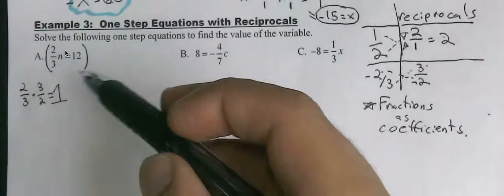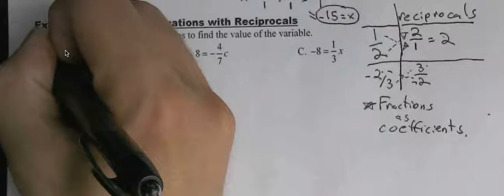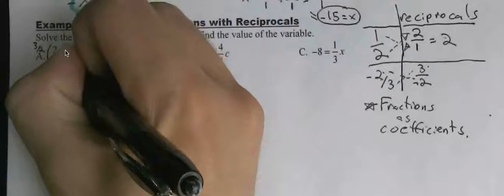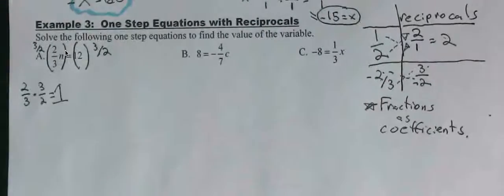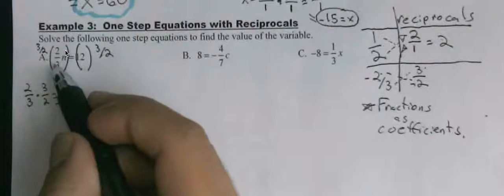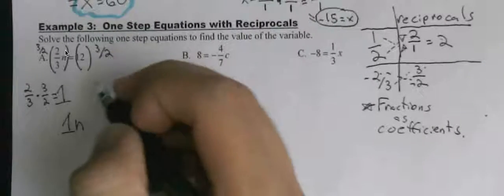So this is something that we want to do here. If we multiply both sides by 3/2, we see here that multiplying with the reciprocal gets us 1 and n's along for the ride.